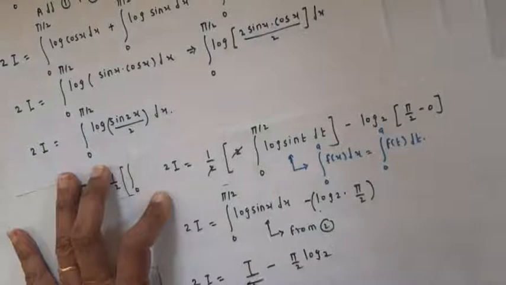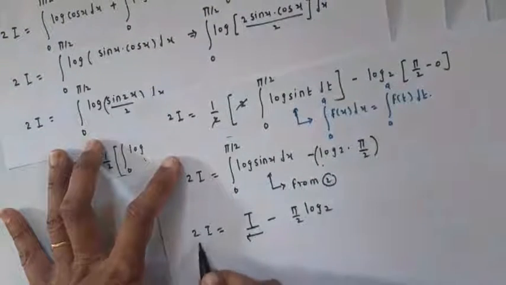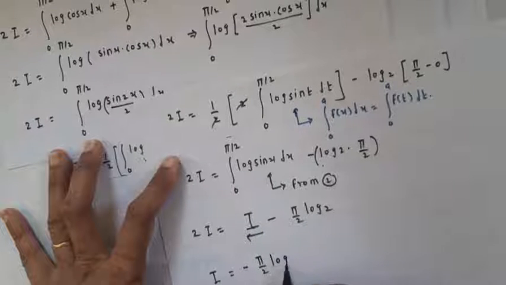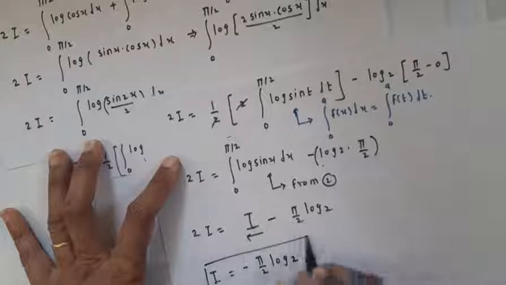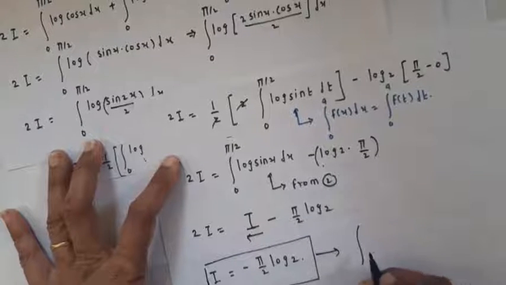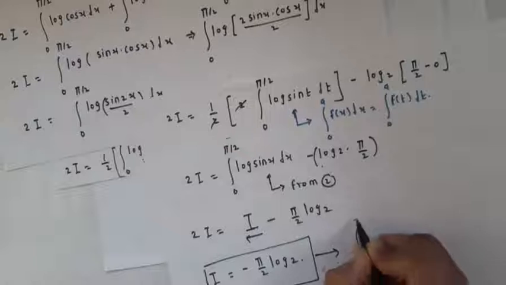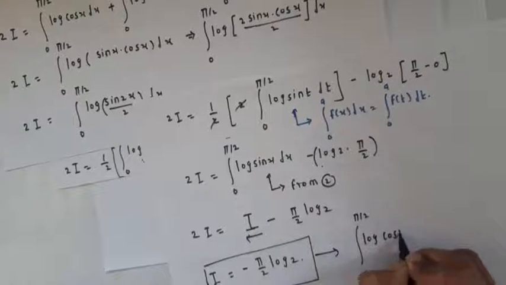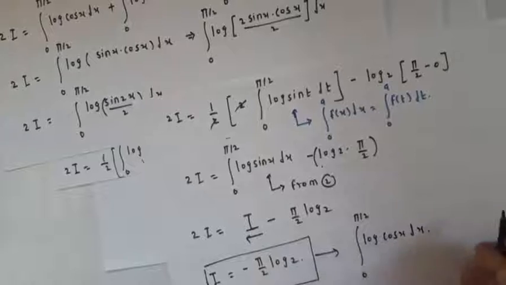So shift I to that side: 2I minus I is I, and this is minus pi by 2 log of 2. This is the final answer for your integration problem, the integral of 0 to pi by 2 of log of cos of x with respect to x.